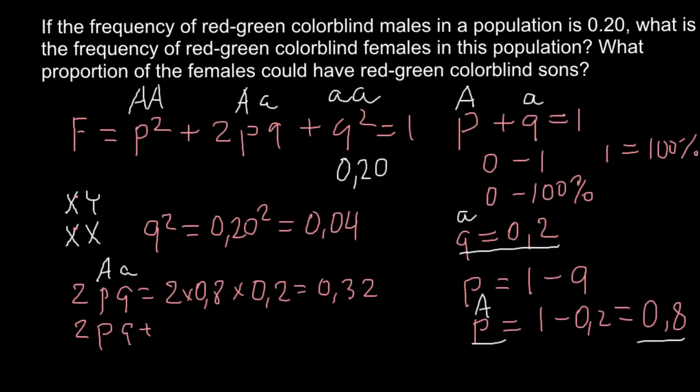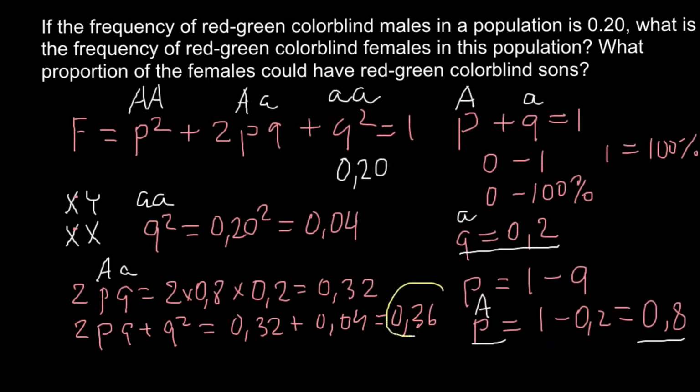2pq plus q squared, or 0.32 plus 0.04, and this is going to be homozygous recessive. So as you see, the answer would be 0.36, and this is the answer for the second question, and this is the answer for the first question.